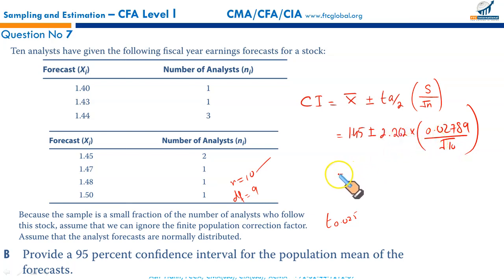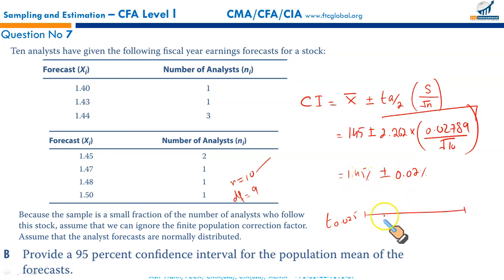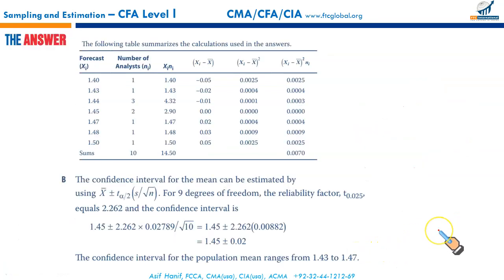Now if you simplify this part, it gives you plus minus 0.02. So the confidence interval will be 1.45 minus 0.02, that's 1.43, and 1.45 plus 0.02 means 1.47. So the confidence interval for the population mean ranges from 1.43 to 1.47.